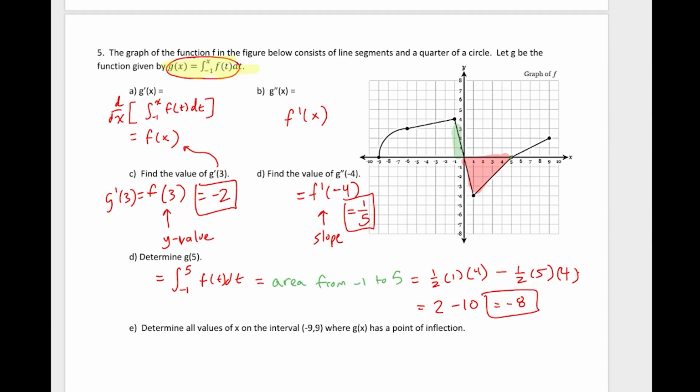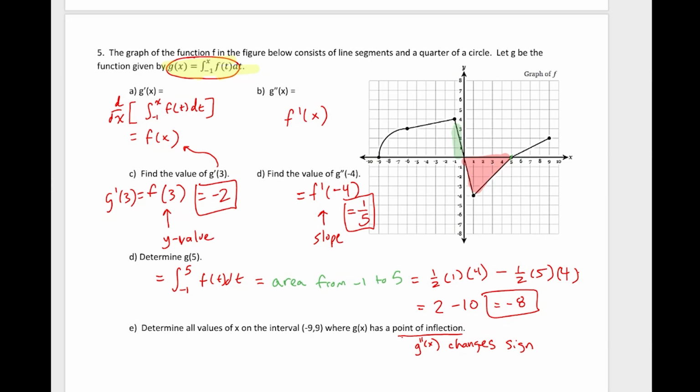Part E says determine all values of x on the interval negative 9 to 9, where g has a point of inflection. Okay, a point of inflection. Again, that's where g double prime of x changes sign. Okay, now let's think about what g is.